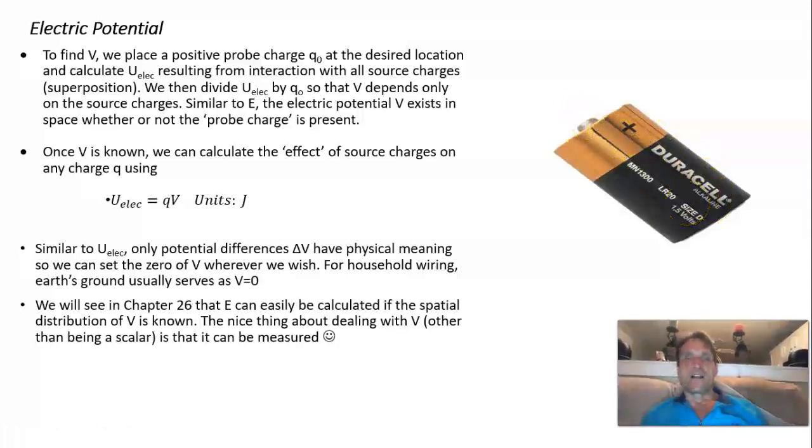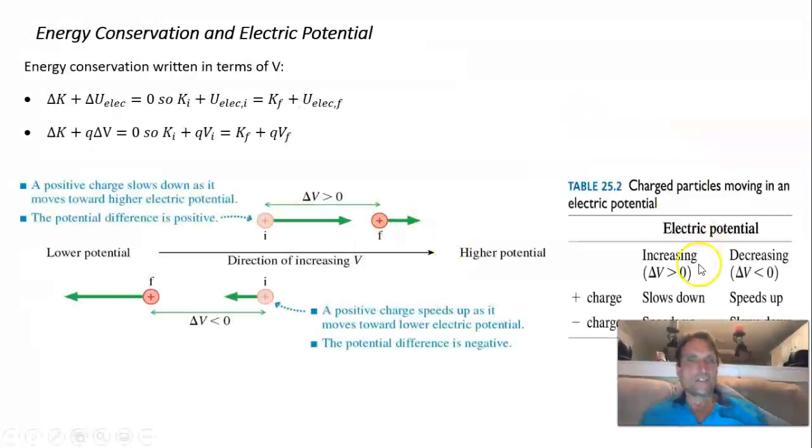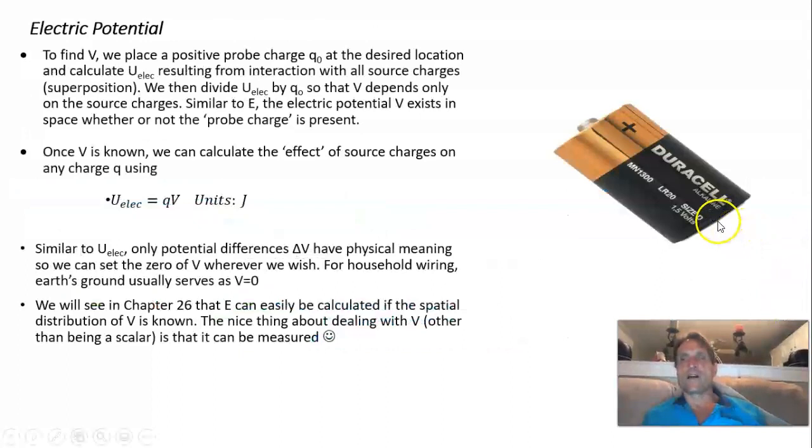Now, what about a negative charge here? So if you've got a negative charge and we try to go in increasing potential, a negative charge is going to speed up, right? For example, suppose you take an electron and you try to push it over to the positive plate.